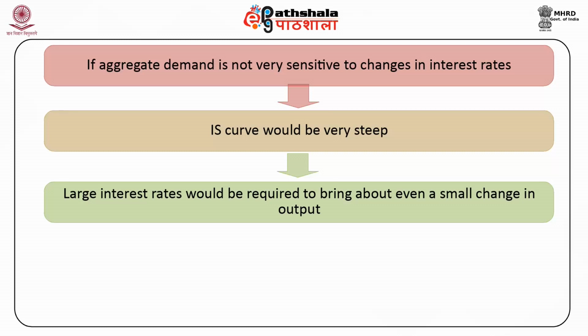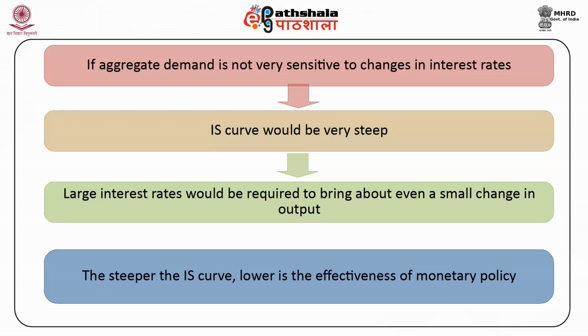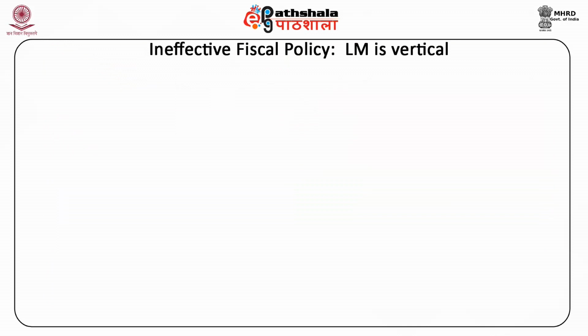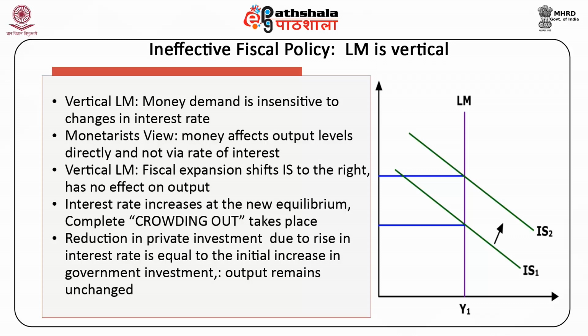Thus, we may conclude that the steeper the IS curve, lower is the effectiveness of monetary policy. Fiscal policy becomes ineffective when the LM curve is vertical, as we can see in the figure. The LM curve is vertical when money demand is insensitive to changes in interest rate.